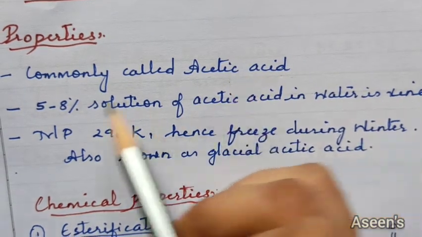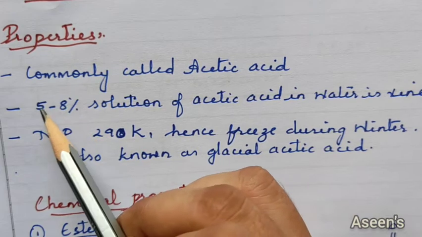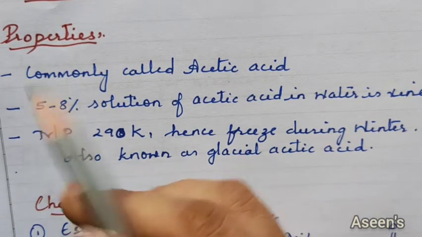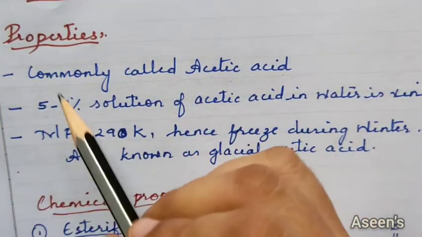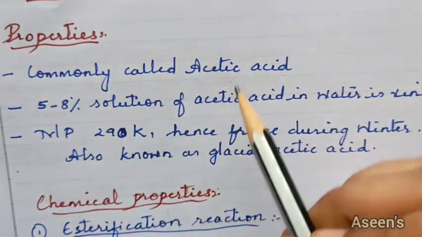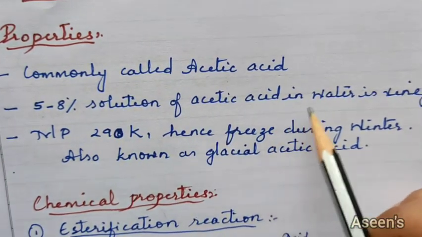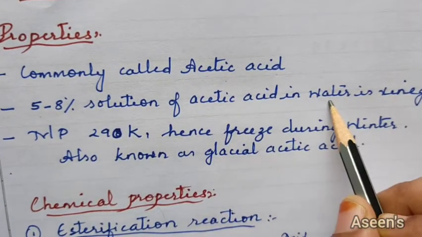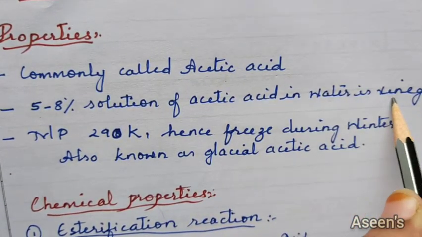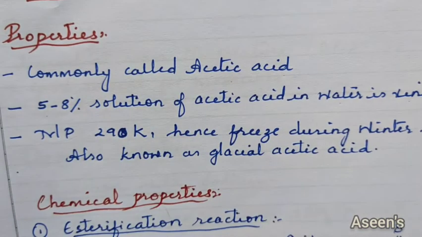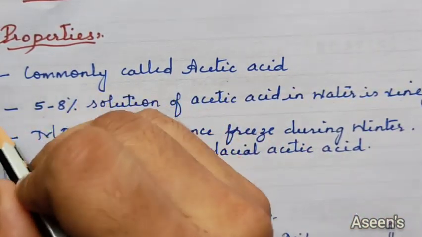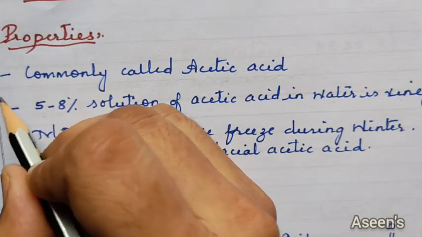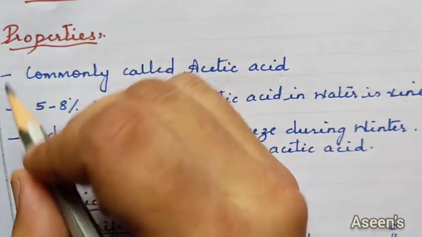Now 5 to 8%, that means ranging from 5 to 8, any percent of ethanoic acid solution, or acetic acid, whatever you want to call it, if you take it in water, it becomes vinegar. Now what is this 5 to 8% solution? Suppose you are having a 100 ml jar or 100 ml cylinder.